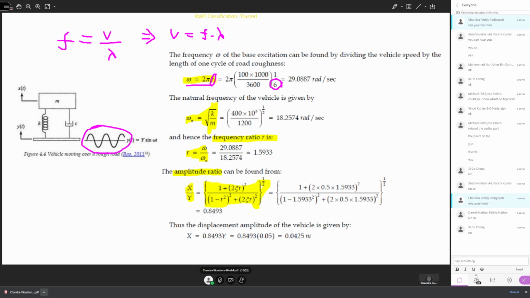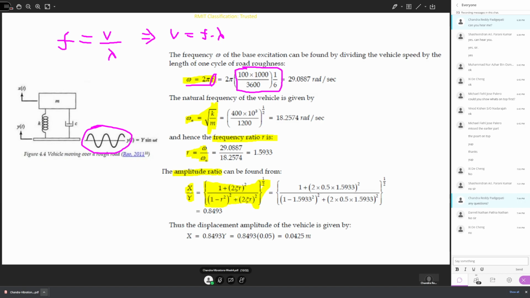So what you see, this portion is the frequency f, and we are writing v over lambda. This is the frequency of the base excitation, which can be found by dividing the vehicle speed by the length of the cycle of road roughness, that is the wavelength.